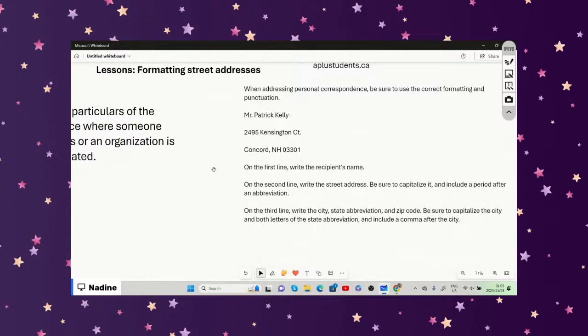So on the first line, I'm going to make the first line red. We write the recipient's name. I'm going to write it next to it. So, recipient's name.